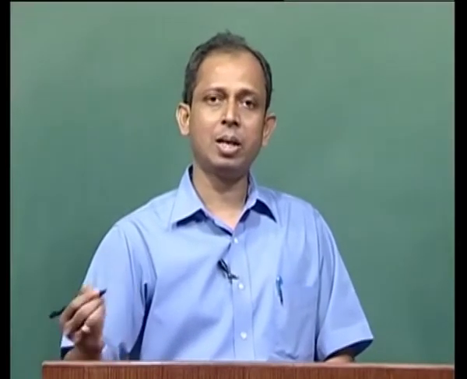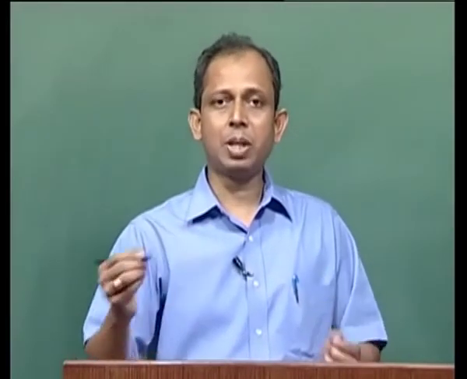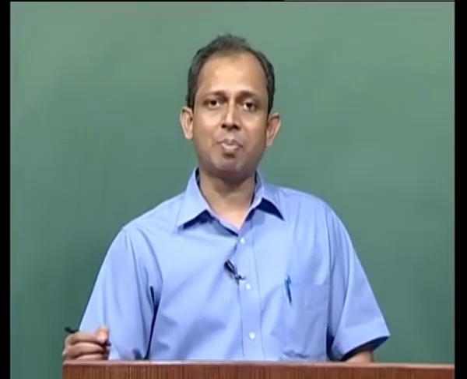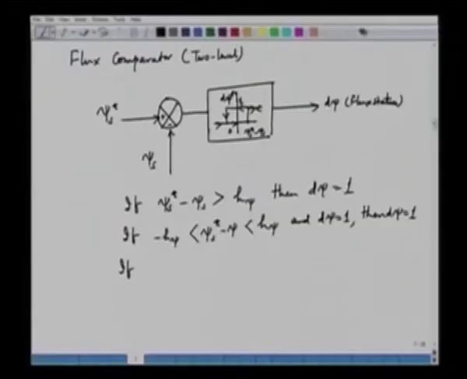If earlier the flux status d psi was 1, and right now the error is within the band, the flux status is maintained, that is d psi was previously equal to 1, right now also it will be equal to 1. And if psi s star minus psi s is less than minus h psi, then d psi is equal to 0. The flux status becomes equal to 0.